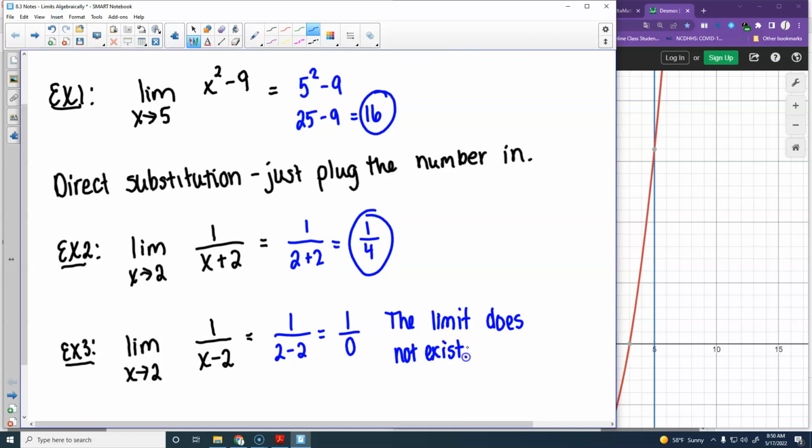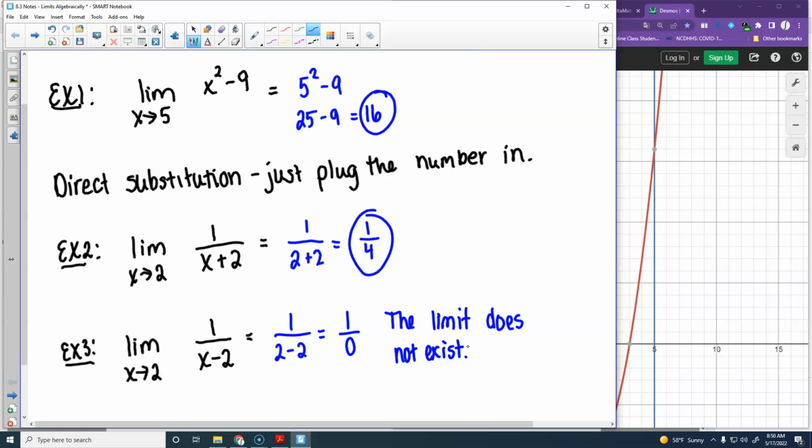What usually happens at those cases is you have a vertical asymptote. And so from each side, it may approach infinity or negative infinity, or sometimes they both approach infinity where you could call it infinity. But those are technically limits that do not exist, so you can just go with does not exist for that.